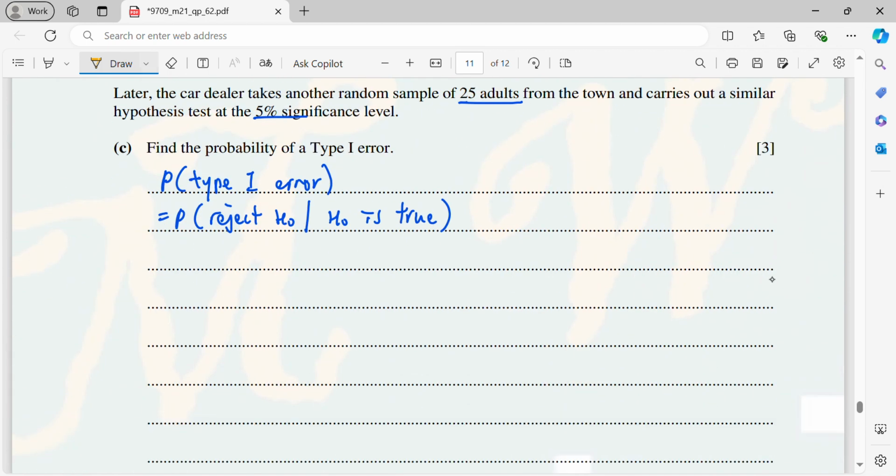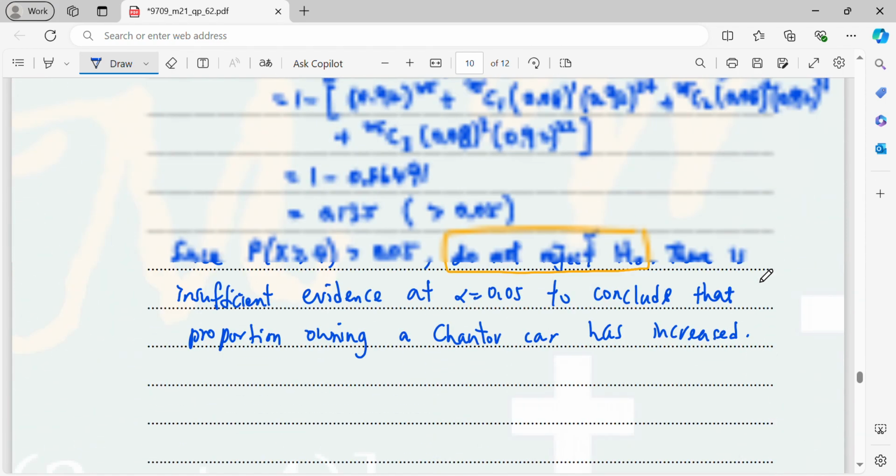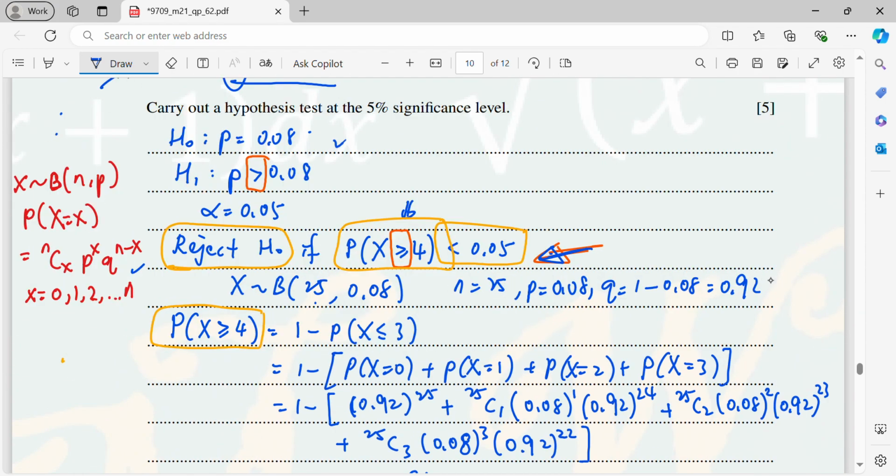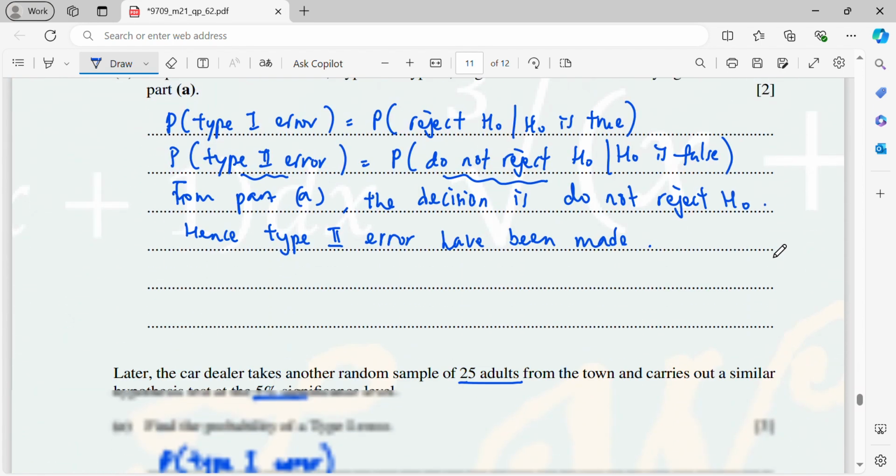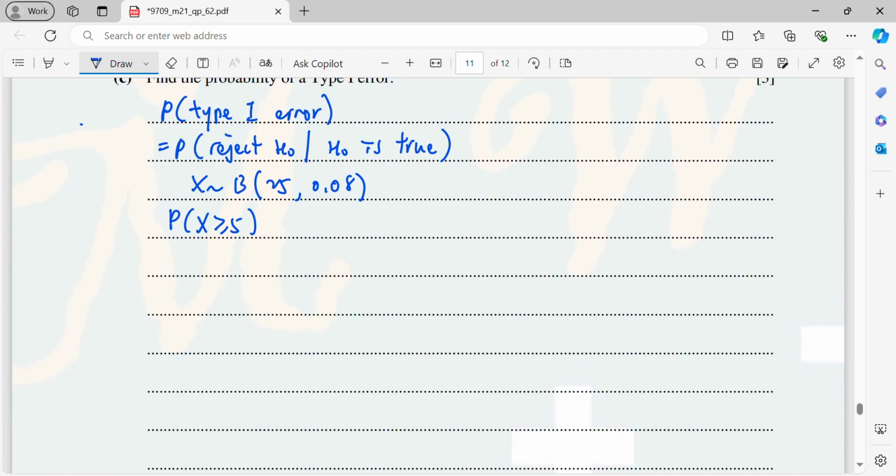So now I will start with P(X greater than or equal to 5), where X is binomial distributed, n is still 25, and the probability is 0.08 because H0 is true. So when H0 is true, the proportion is 0.08. Now we do the calculation. Greater than or equal to 5 is basically 1 minus P up to 4.